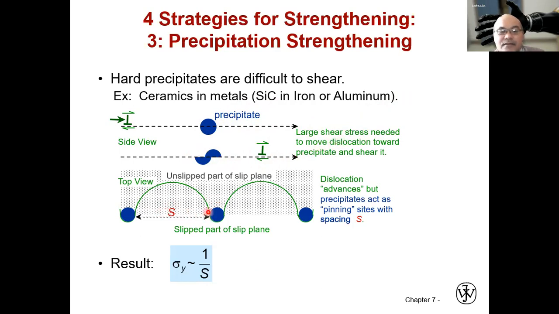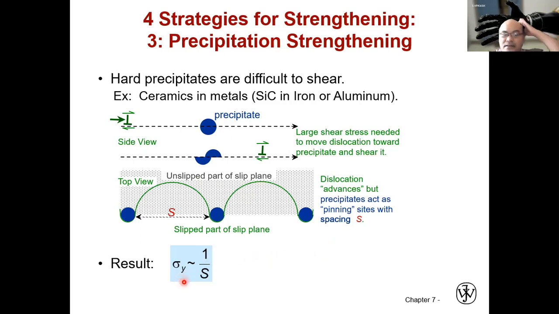So here we have this precipitation. The dislocation can advance, but the precipitate acts as a pinning site, with spacing S, on the slip. So it cannot slip easily.